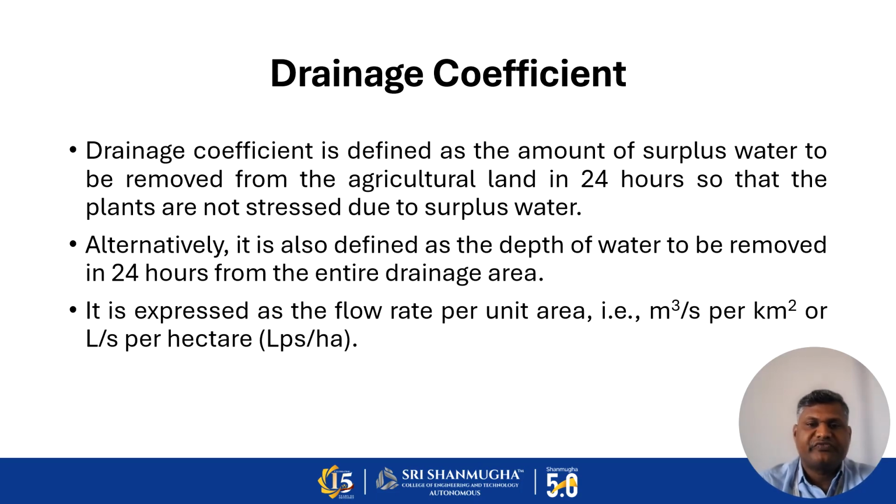Alternatively, it is also defined as the depth of water to be removed in 24 hours from the entire drainage area. This is the actual definition of the drainage coefficient. It is also expressed as a flow rate per unit area, that means cubic meter per second per square kilometer or liter per second per hectare. This is the unit for the drainage coefficient.